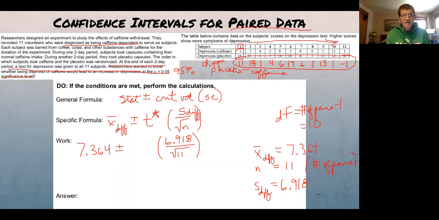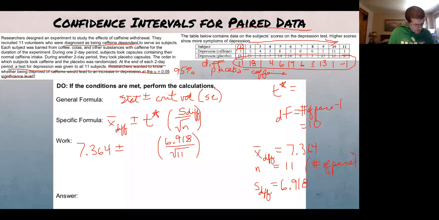Now, I don't have my table B pulled up, but I know I'm working with a 95% confidence level, and I have 10 degrees of freedom. Can anyone find, real quick, what the critical value is for 10 degrees of freedom with 95% confidence?